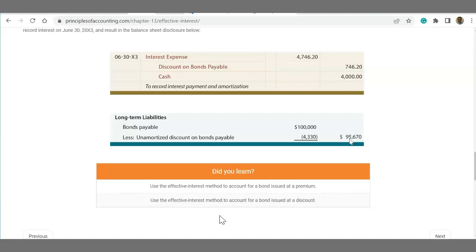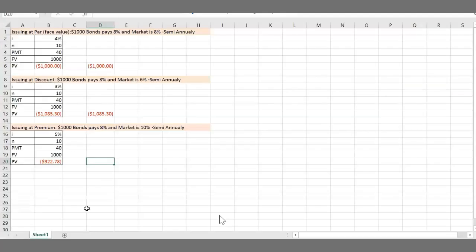Yeah, so at the beginning, there's two ways that you issue a bond, either at face value or at a discount. So here is the Excel, if you remember. If the market interest rate and the bond rate are the same, it will be issued at face value, no issue anymore. But if the bond is paying, let's say 8% and market is less, then I will ask people to pay me a premium.